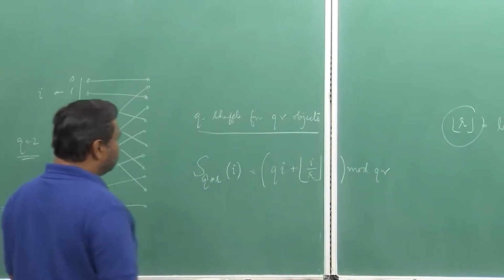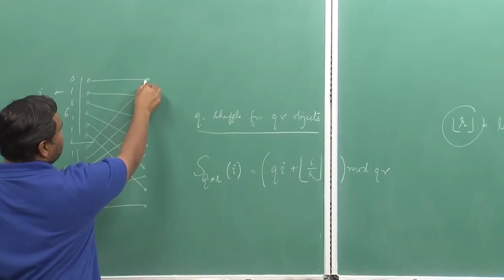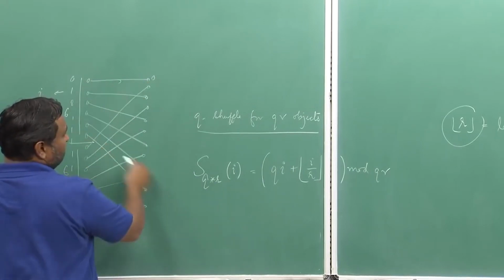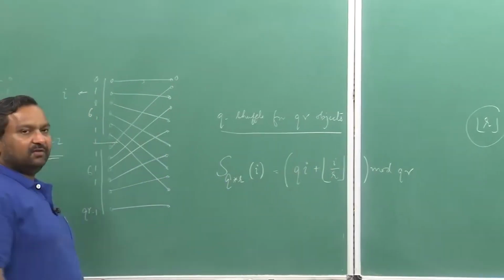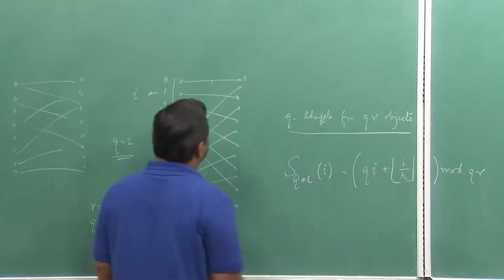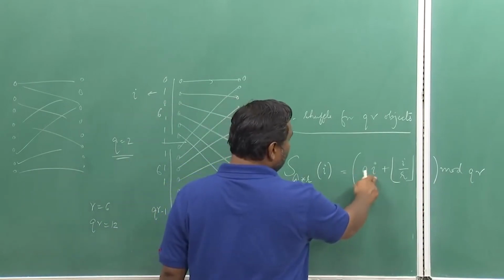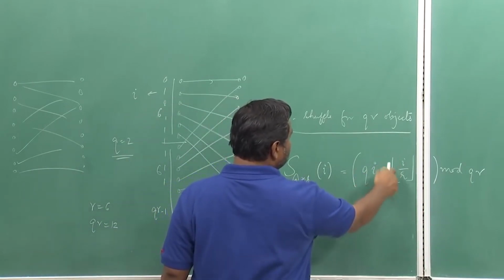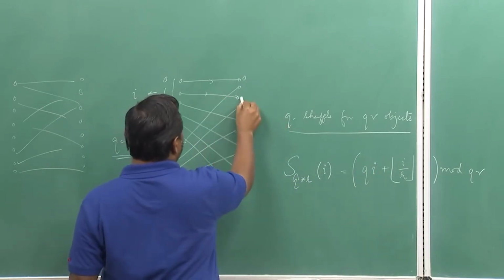So if I do this, 0 into 2 will give me 0, so I am connecting to 0. 0 divided by R, where R is 6 here, the floor function is also 0, and then modulo QR. If I take I equal to 1, 1 into 2 gives me 2, and the floor of 1 by 6 gives me 0, so 1 is connected to 2.